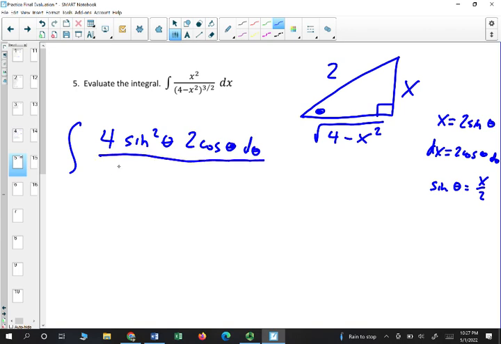Denominator: 4 minus x squared again, so 4 minus 4 sine squared theta to the 3/2.